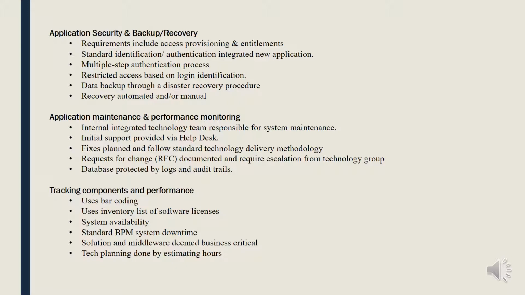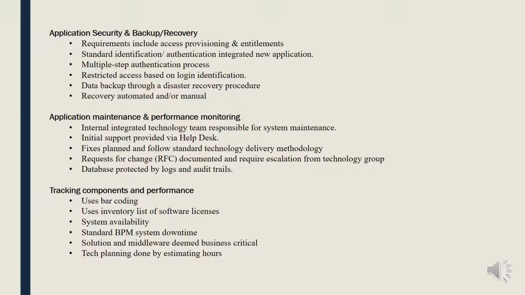Standard BPM system downtime for required maintenance is between 9 p.m. and 1 a.m. Central Standard Time, Monday through Friday, and before 9 a.m. and after 3 p.m. Central Standard Time on Saturday, in addition to any enterprise changes.